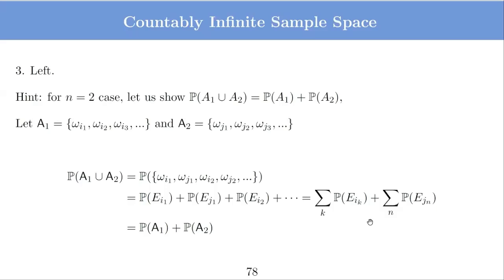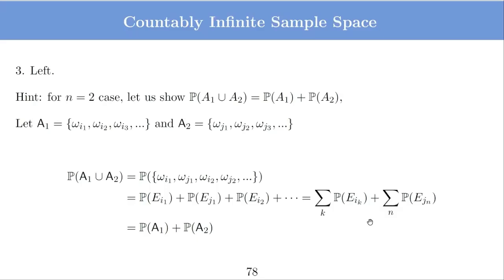Then, because omega is countably infinite, all subsets of omega need to be either countably infinite or finite. Let's assume they are countably infinite. Then A1 is made from an ordered list of outcomes, right? Let's call it omega I1, omega I2, omega I3. Similarly, A2 is also made from an ordered list of outcomes: omega J1, omega J2, omega J3.